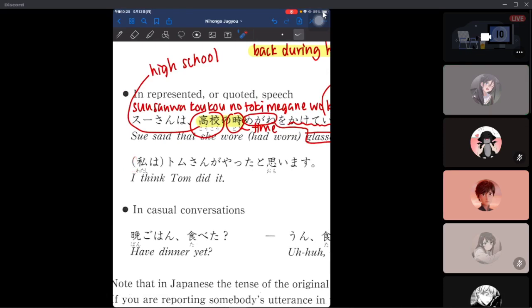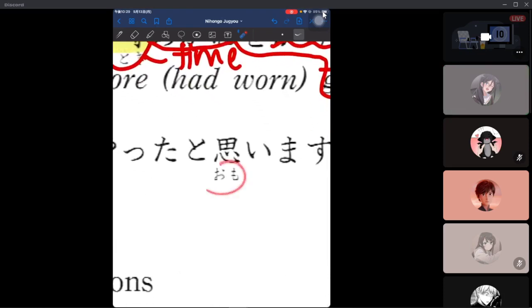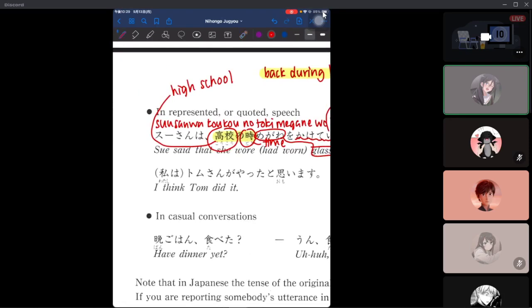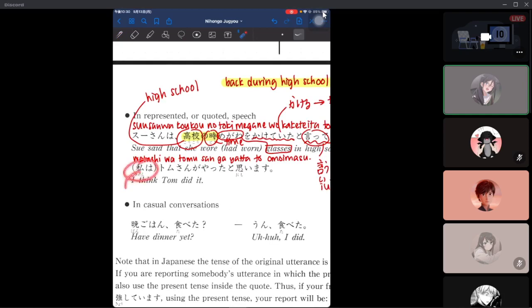Next one. 私はトムさんがやったと思います。私は of course everyone knows represents me or I. トムさん is the name of a person. トムさんがやった, so やった comes from the word やる, which means to do.